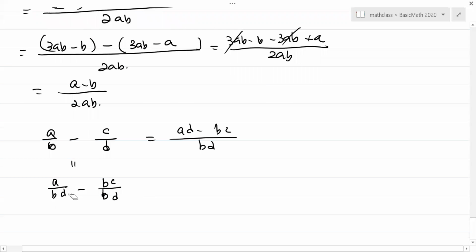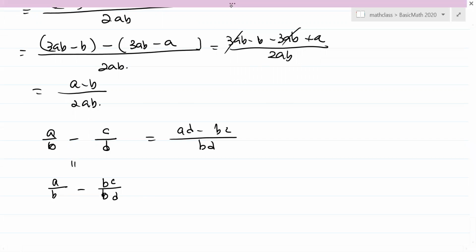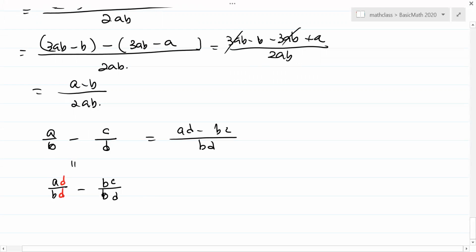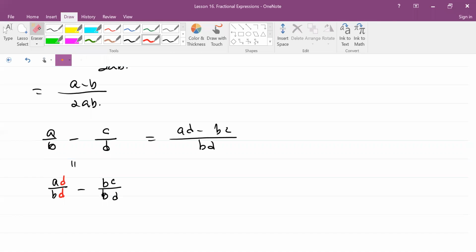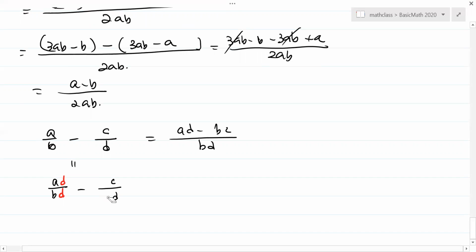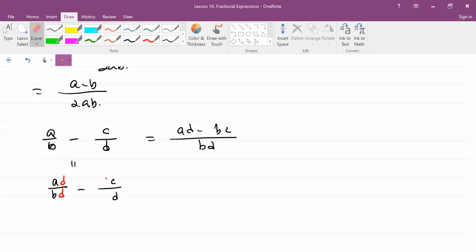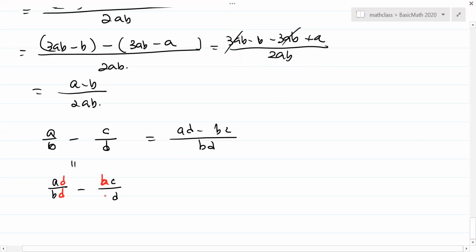The idea is very simple. So this is the addition term: I make the second term become bc and bd, and make the first fraction ad and bd. Then you have bd in the denominator. They have the common denominator.